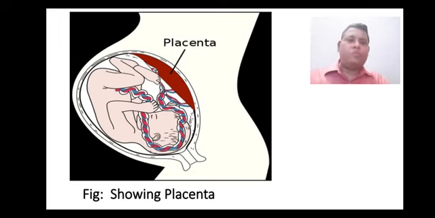This diagram shows the placenta and the locations of the placenta.